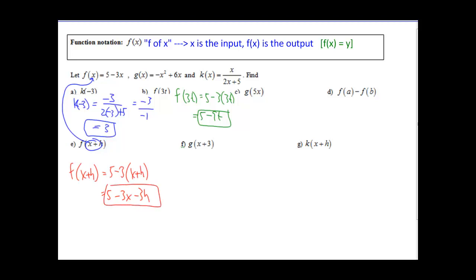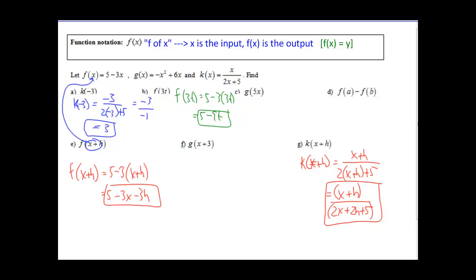The last one we'll do together is k of x plus h. So x plus h on top, and 2 times x plus h plus 5 on the bottom: x plus h over 2x plus 2h plus 5. By simplifying, there isn't anything we can cancel. We have pluses and minuses, so technically this is all together and this is all together. We can't cancel out, so there's our answer.